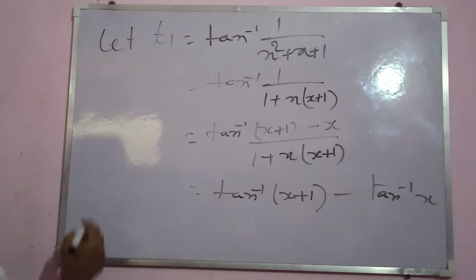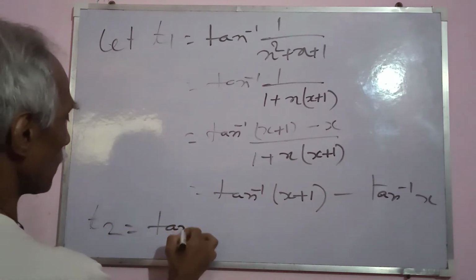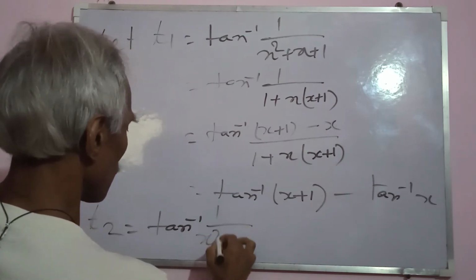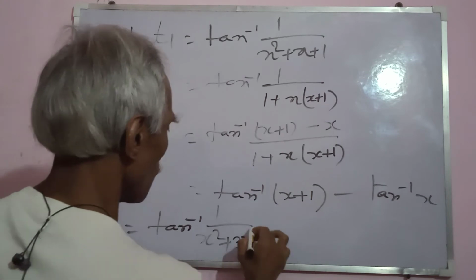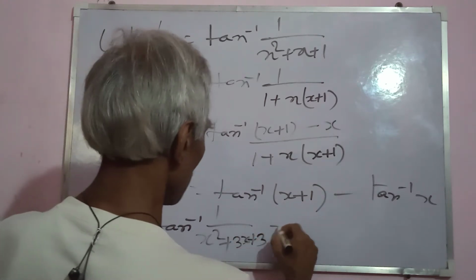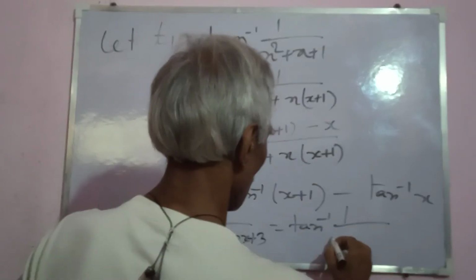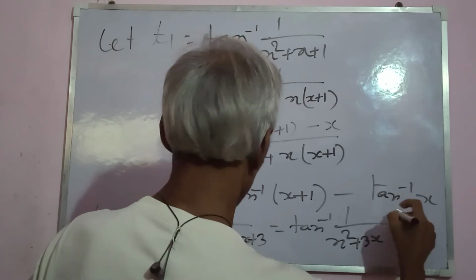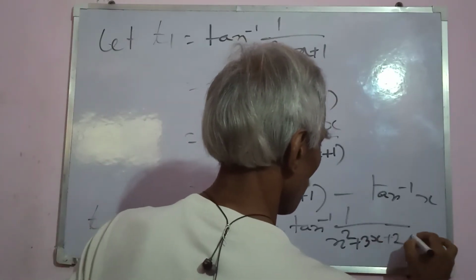Similarly, T2 is equal to tan inverse 1 by (x square plus 3x plus 3), which can be written as tan inverse 1 by (x square plus 3x plus 2 plus 1).